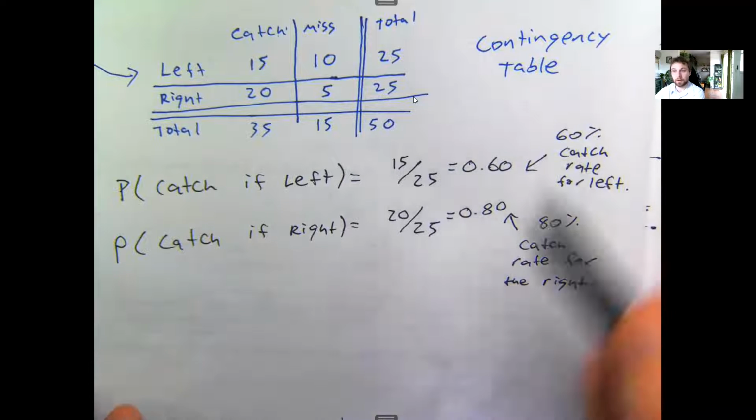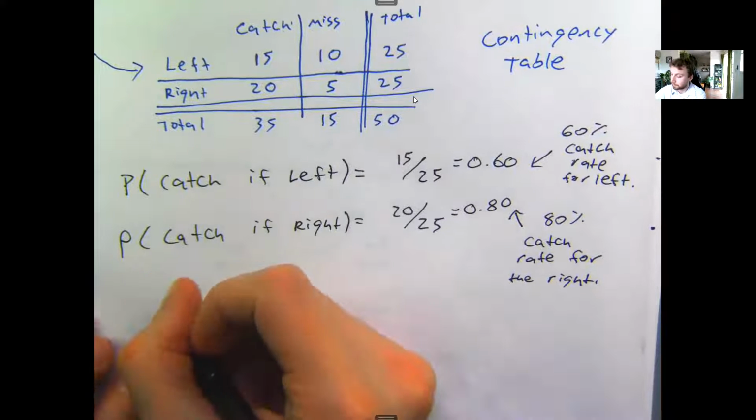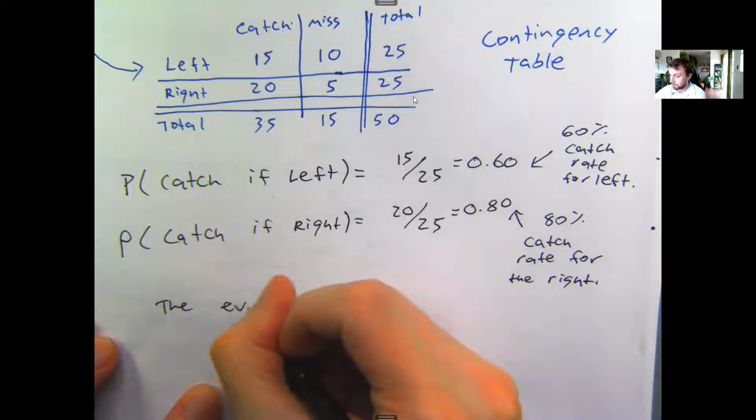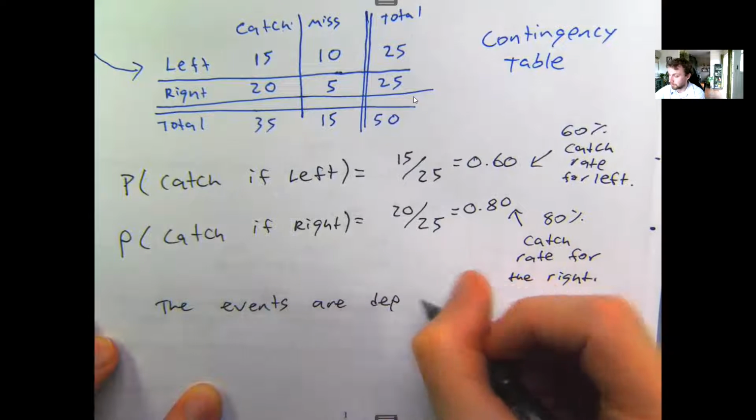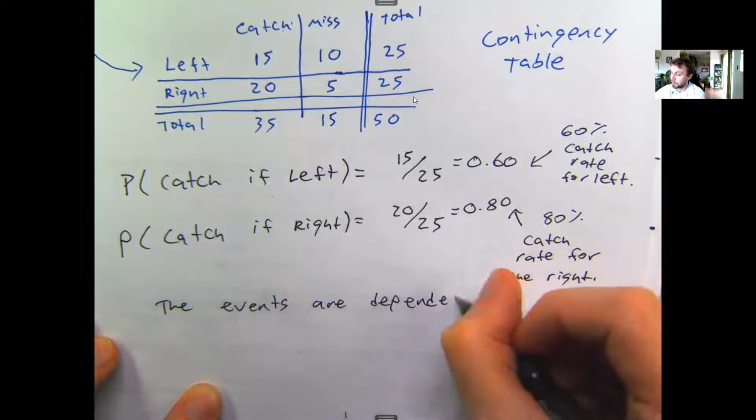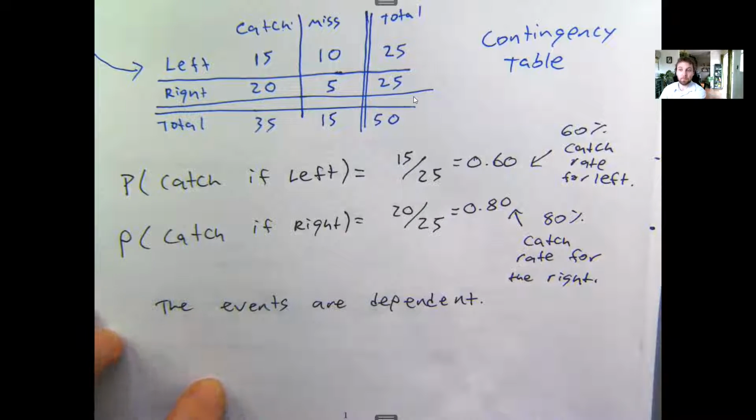These ratios are different. So the events are dependent. The likelihood that you catch or miss will depend on which hand you use.